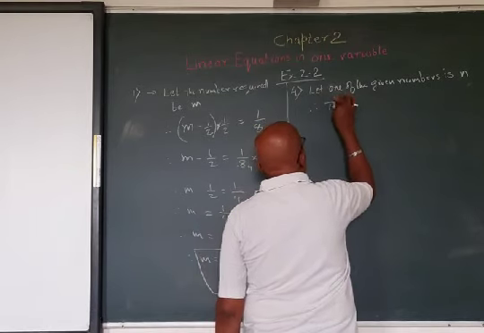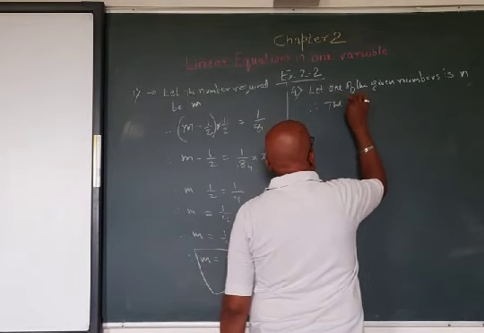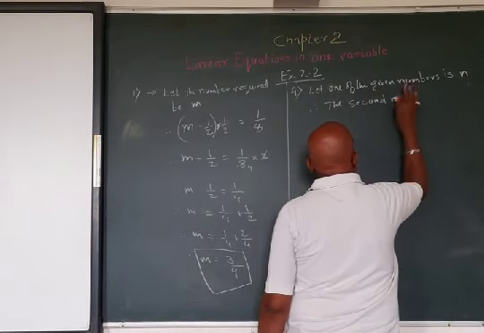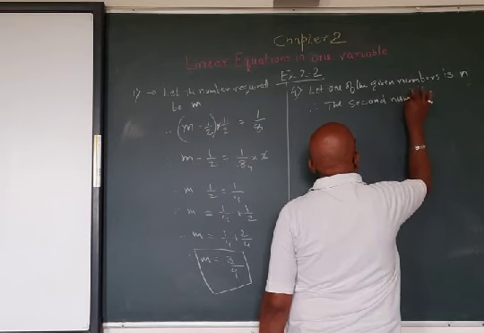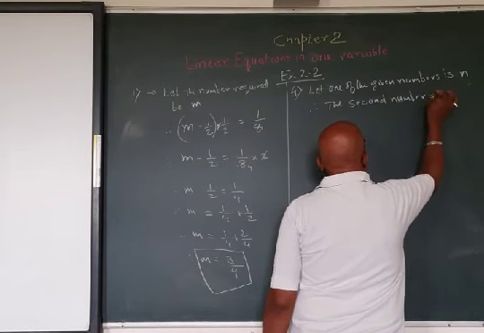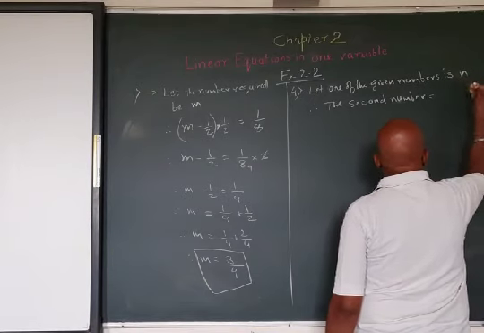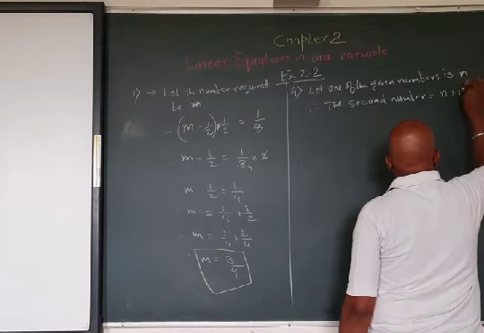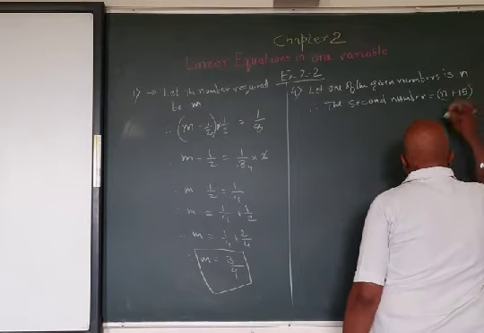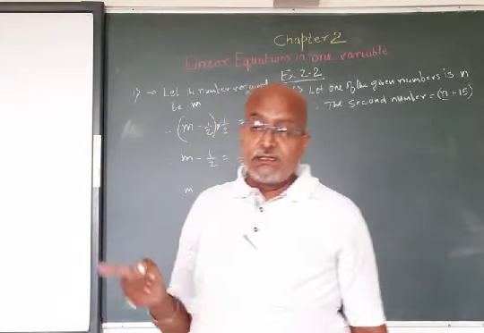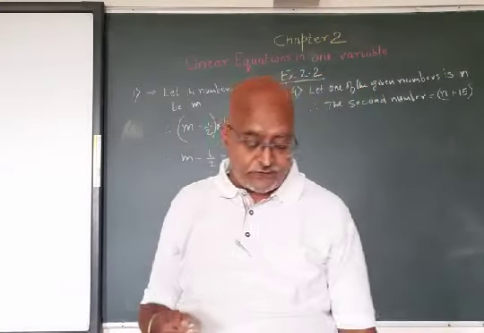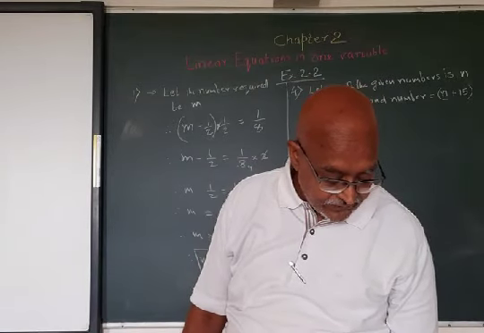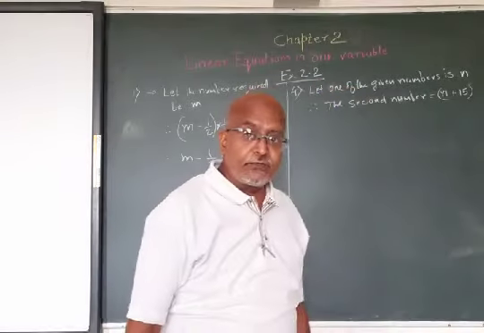Therefore the second number is n plus 15, because it exceeds the first number by 15. So first number is n, second number is n plus 15. Then we have to find the numbers.